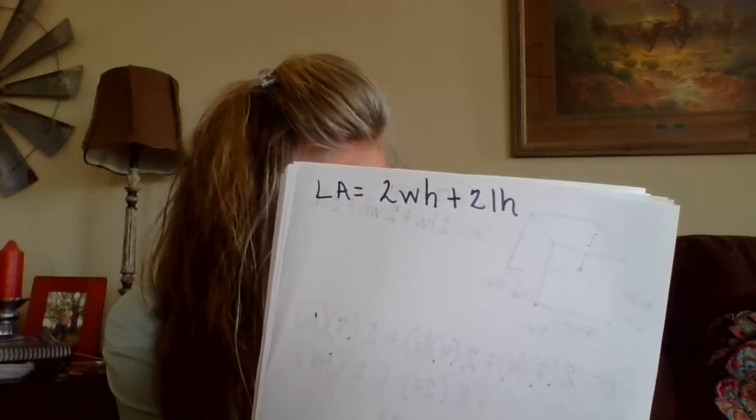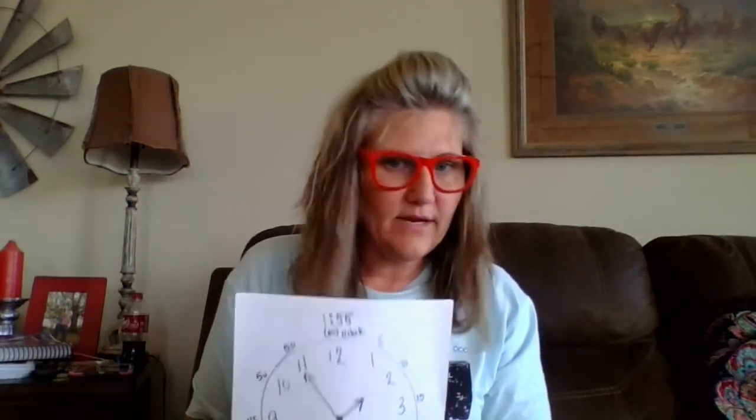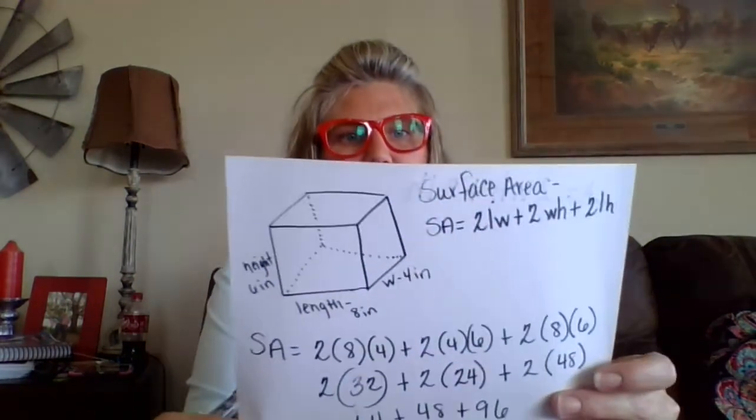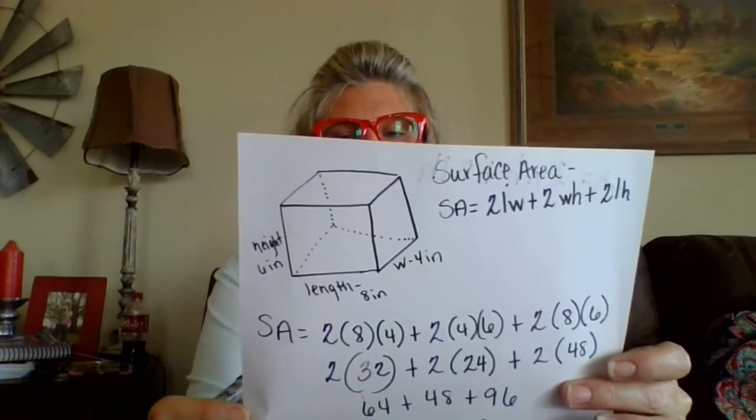Okay? Now let's plug it in. So we have here our width is 4. So 2 times 4 times our height, which is 6, plus 2, our length is 8, and our height is 6.